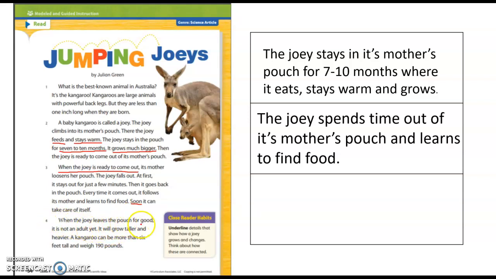When the joey leaves the pouch for good, it is not an adult yet. It will grow taller and heavier. A kangaroo can be more than 6 feet tall and weigh 190 pounds. Do you see anything that shows sequence in paragraph 4?